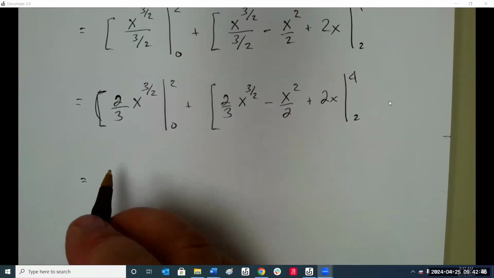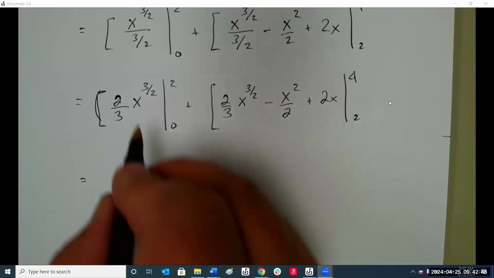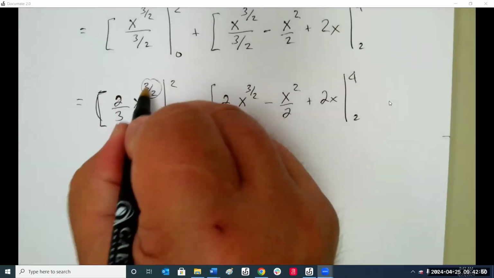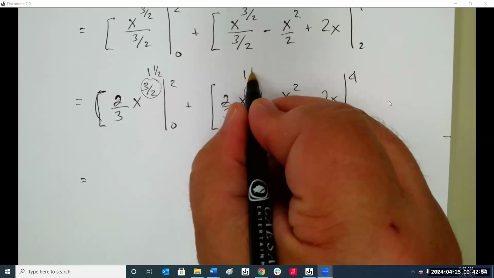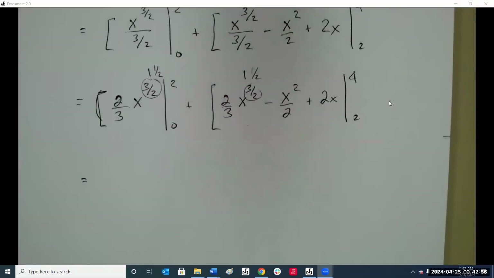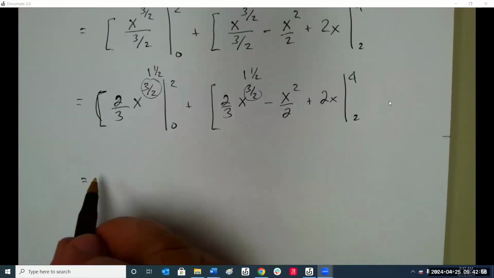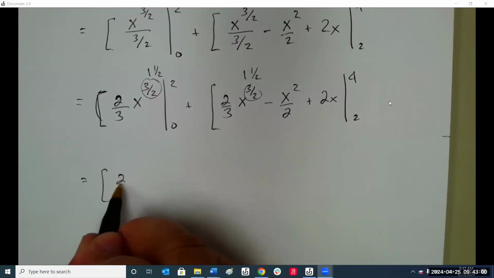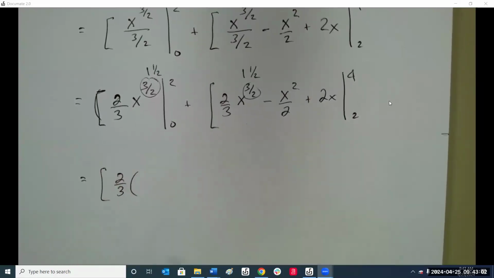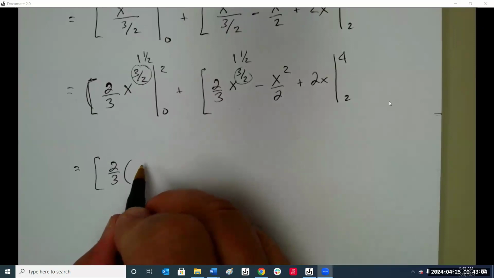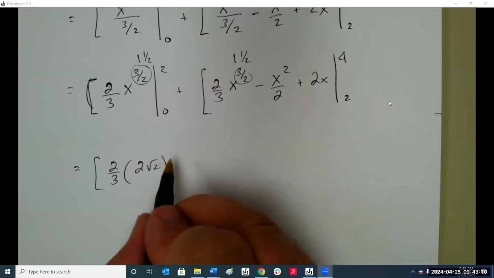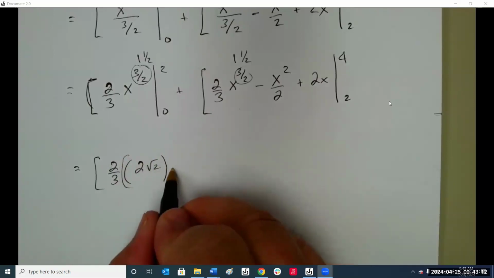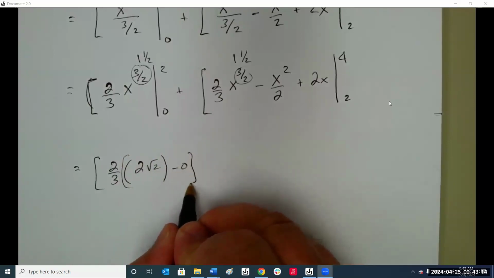Now I go ahead and plug them in there. Remember, these improper fractions, I can split them up into a mixed number. We have 2/3, so it's 2 times square root of 2, minus 0.